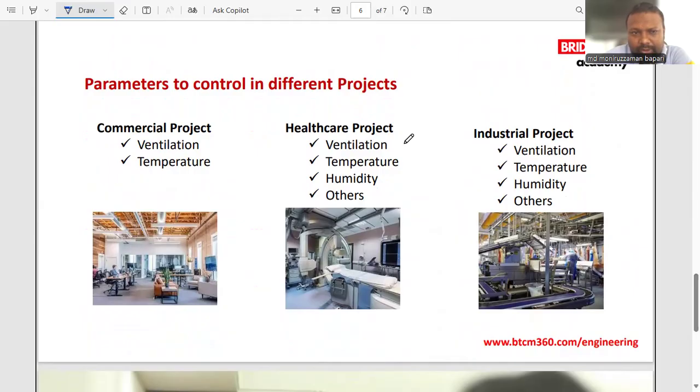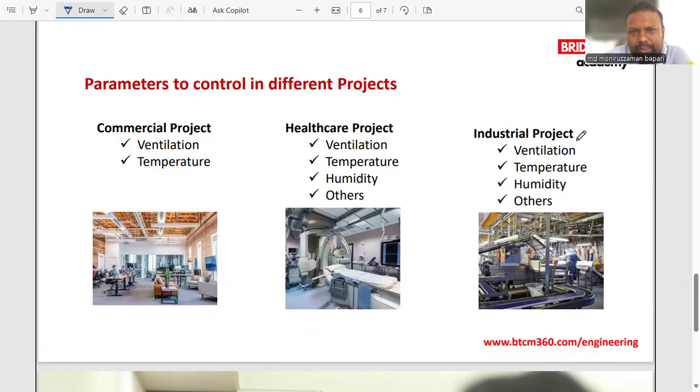In healthcare projects, some other parameters add up, like ventilation, temperature, humidity, particle counts, air pressure, and airflow rate. This goes on. So designing a healthcare project, especially an operation theater or facilities relevant to operation theaters, is really crucial, and good experience is mandatory to design healthcare projects.